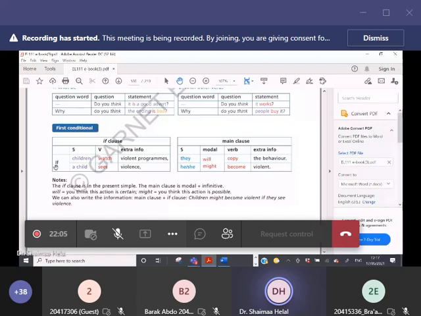So again, we have two clauses here, the if clause and the main clause. In the if clause, we're going to have "if," the conjunction, and then the subject followed by the verb in the present simple, and then followed by a comma, and then we are going to have the subject, modal plus the verb, and then you add the extra pieces of information.